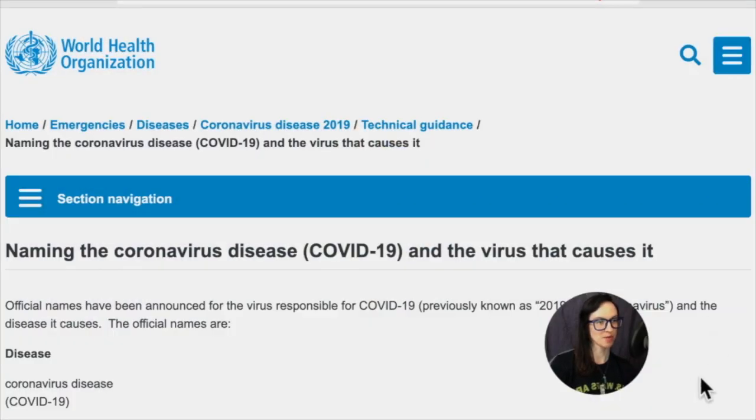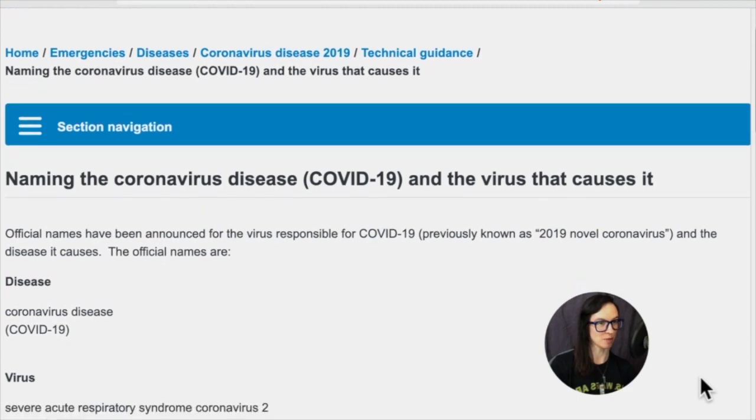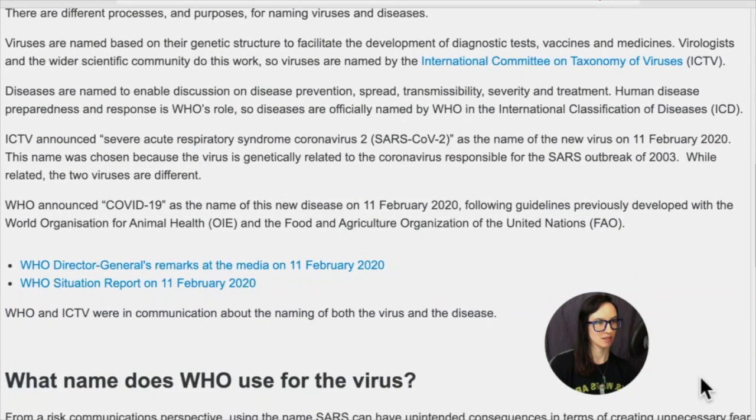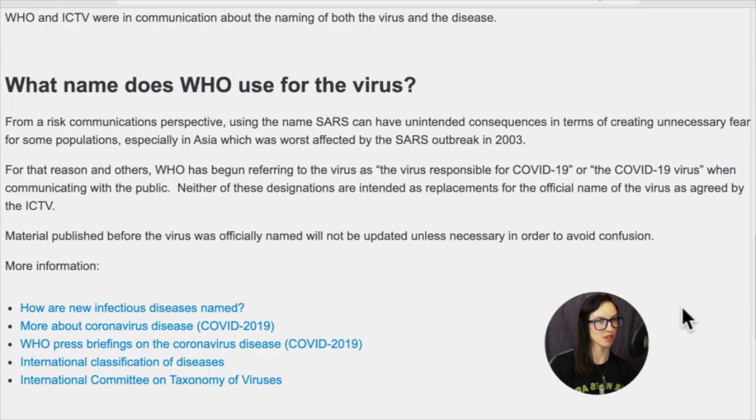We can see on their website where they talk about naming the virus. Like I mentioned, it says that it happened on February 11th. But down here, it says, what name does WHO use for the virus? From a risk communications perspective, using the name SARS can have unintended consequences in terms of creating unnecessary fear for some populations, especially in Asia, which was worst affected by the SARS outbreak in 2003.